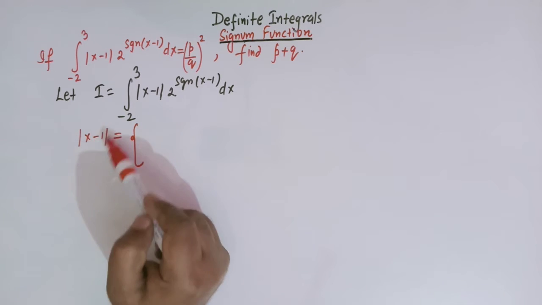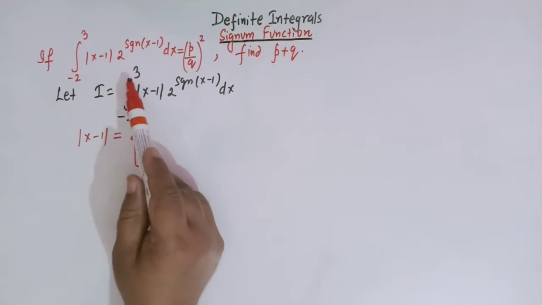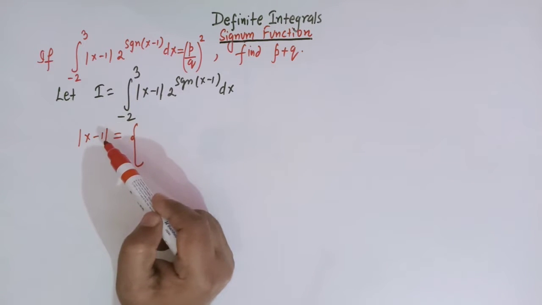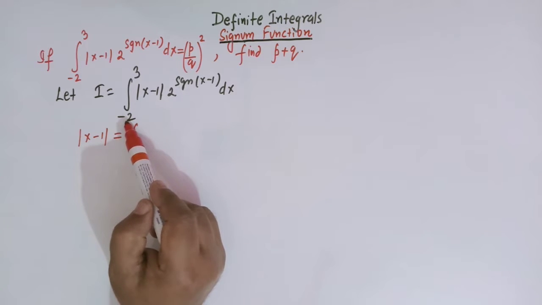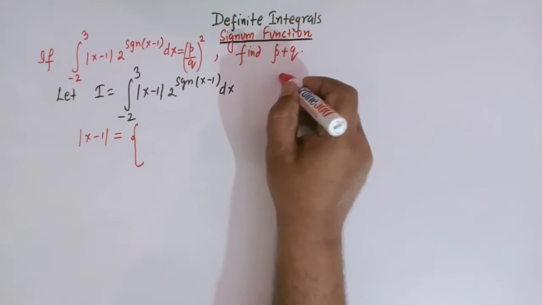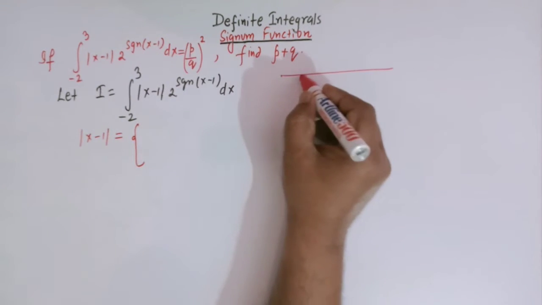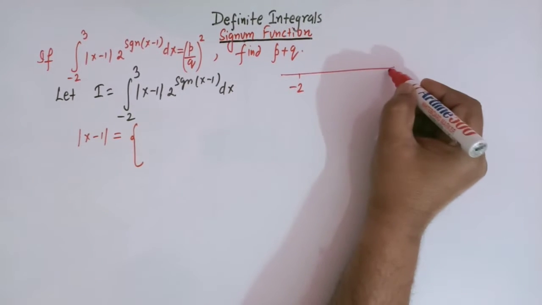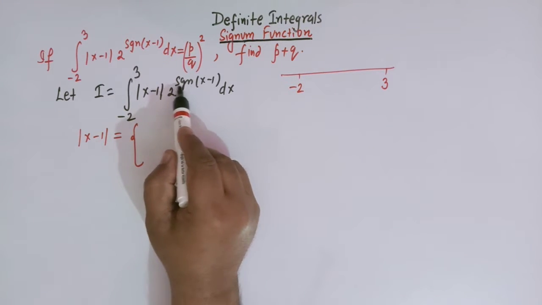Before writing the value of this mod function, let us see the limits of integration. Here we have the lower limit as -2 and the upper limit as 3. We can draw a number line, with -2 here and 3 somewhere here. Now let us see the signum function.